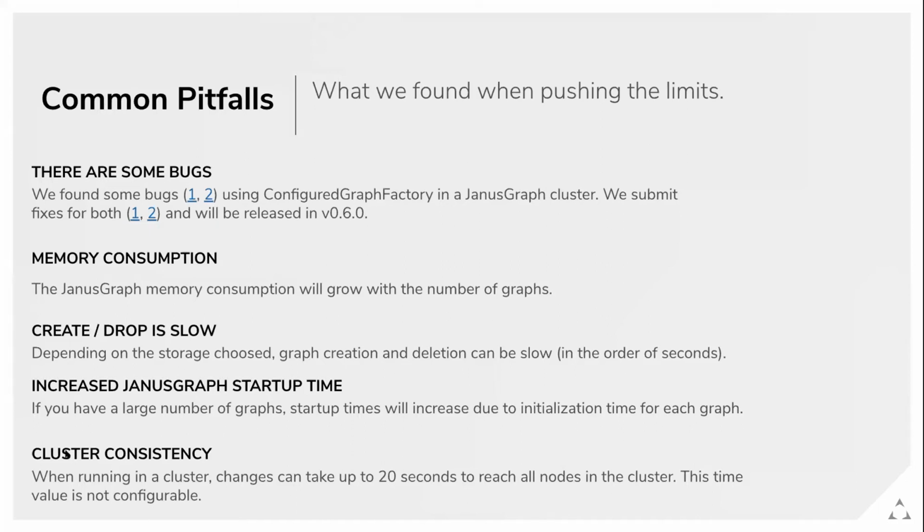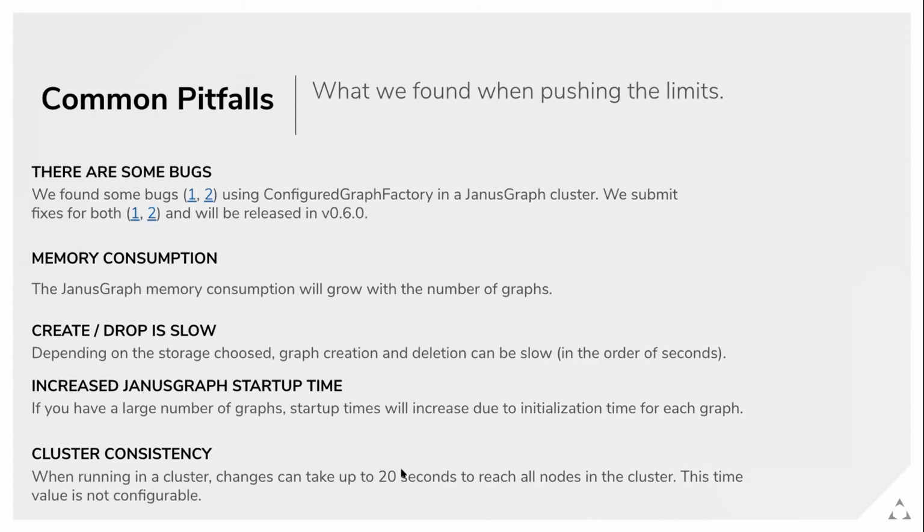The cluster consistency: when you make a change on one of the nodes in the cluster, the change can take up to 20 seconds to reach all the nodes. That's by design. This is not a setting that you can play with. It is just like that.